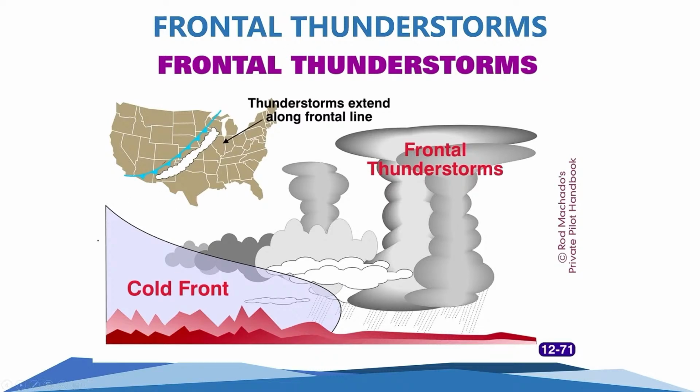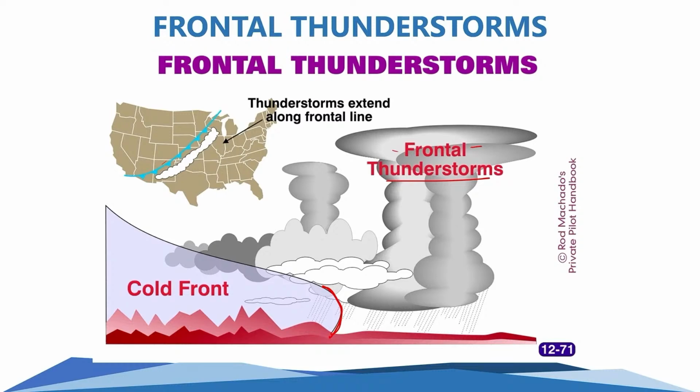Here we can see a cold front, and we're going to look at the steepness of a cold front versus a warm front, but cold fronts are far steeper. Warm fronts are a bit more gradual, and because of that, cold fronts generally develop these massive frontal thunderstorms. It's the same thing as a thunderstorm; the reason we call it frontal is that it's being pushed by some type of front. Okay, all right. Let us go on.